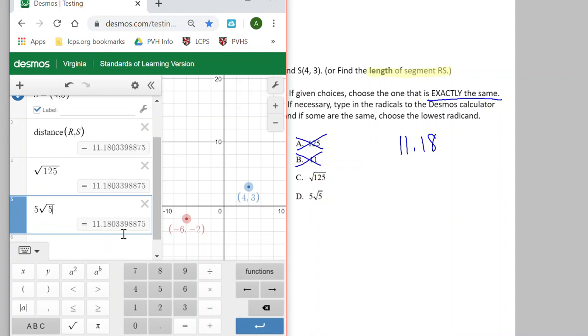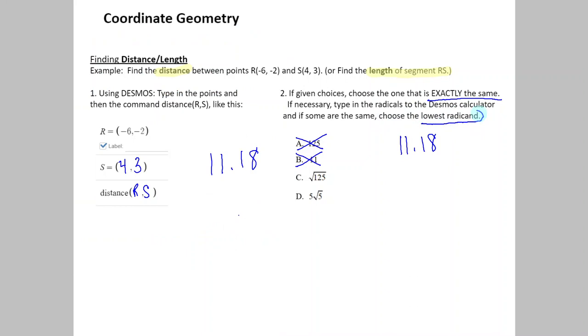Now this one also equals 11.18. In a case like that, where both of them are 11.18, we choose the lowest radicand because that's the simplified version. The lowest radicand means the lowest number inside the radical. Since these are both the same, we choose the one with the lowest radicand. Therefore, D is the correct answer.